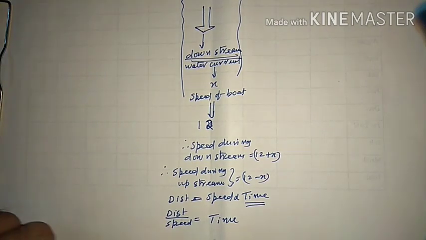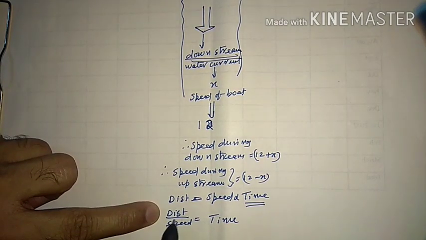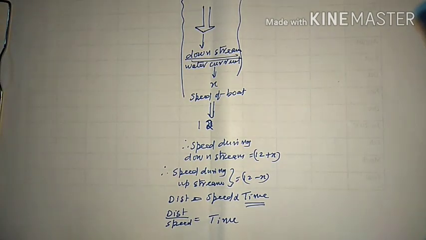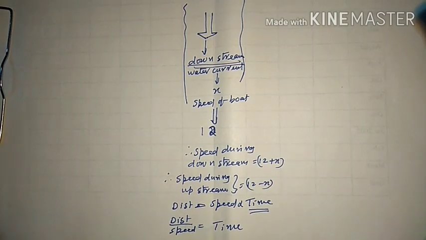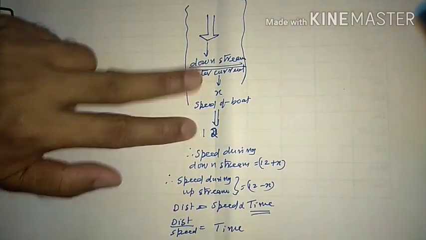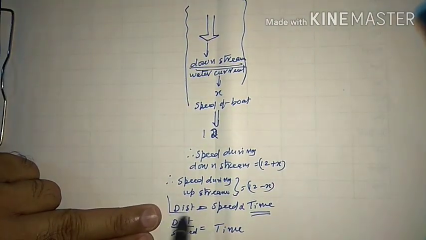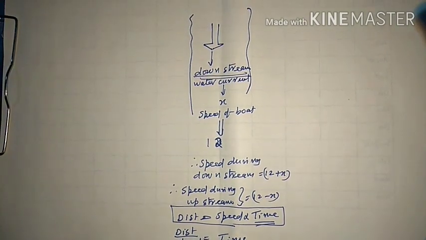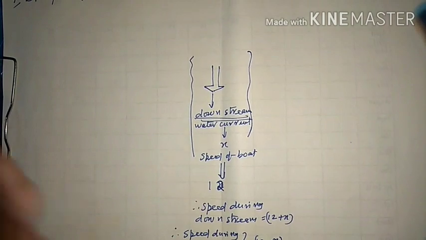In our present case, time is 8 hours and distance is 36 kilometers. Corresponding speeds we have to take. This part is from science, this is from our presence of mind. So this is our background.